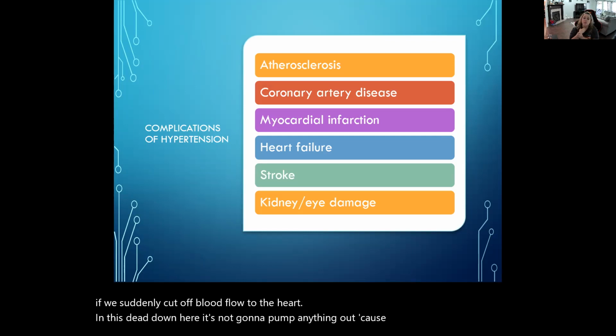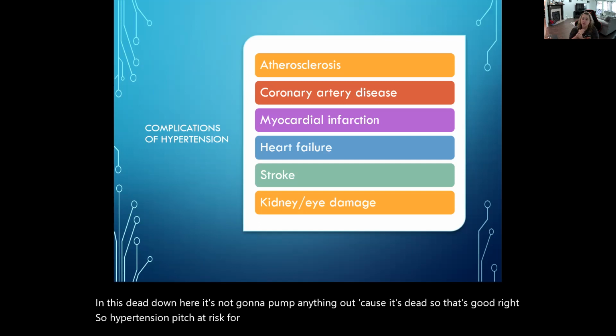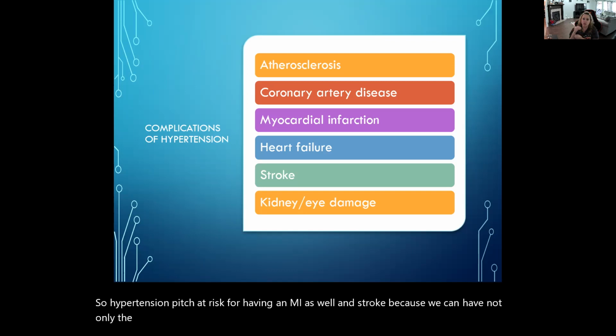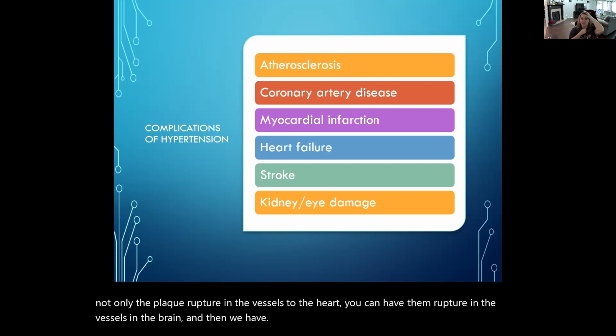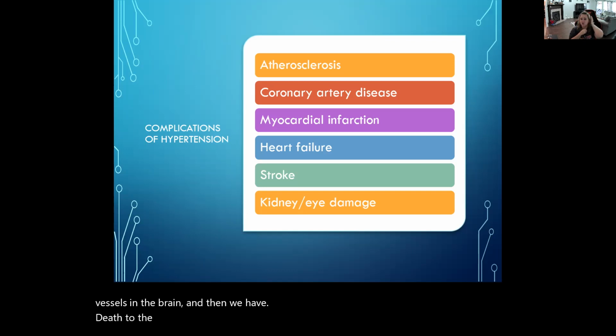So that's not good, right? So hypertension puts you at risk for having an MI as well, and stroke, because we can have not only the plaque rupture in the vessels to the heart, you can have a rupture in the vessels in the brain, and then we have death to the brain, ischemic stroke, which we'll talk about more later.